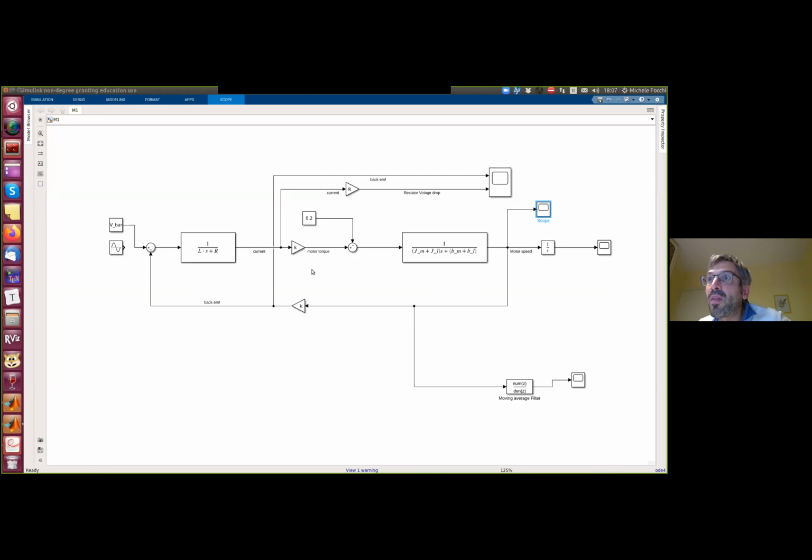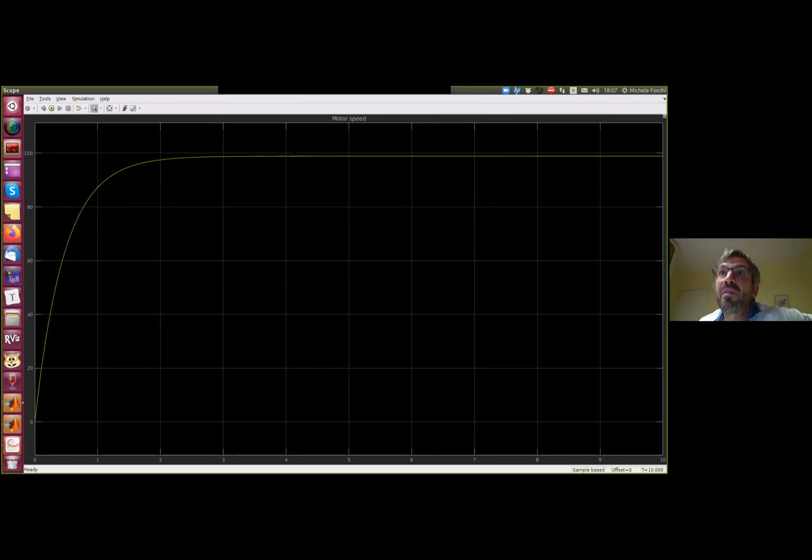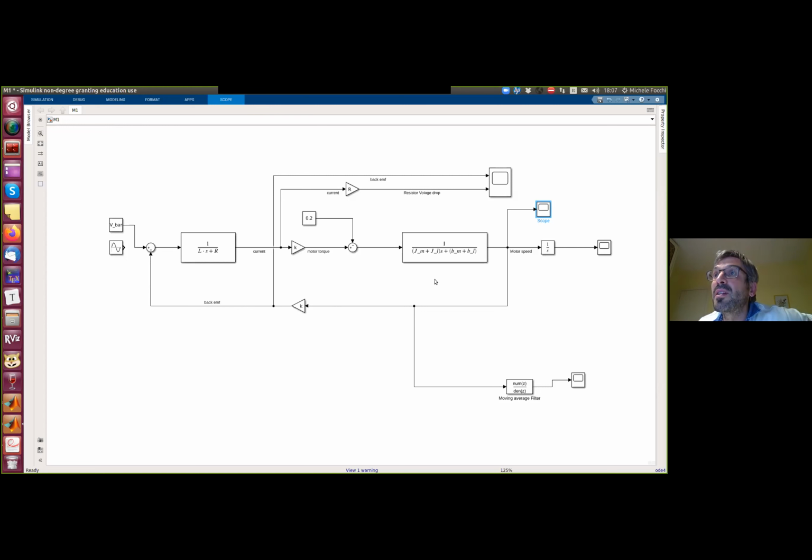Now the third exercise is to introduce a gearbox between the electrical motor and the load. And why? Because we have a very high velocity, 100 rad per second.